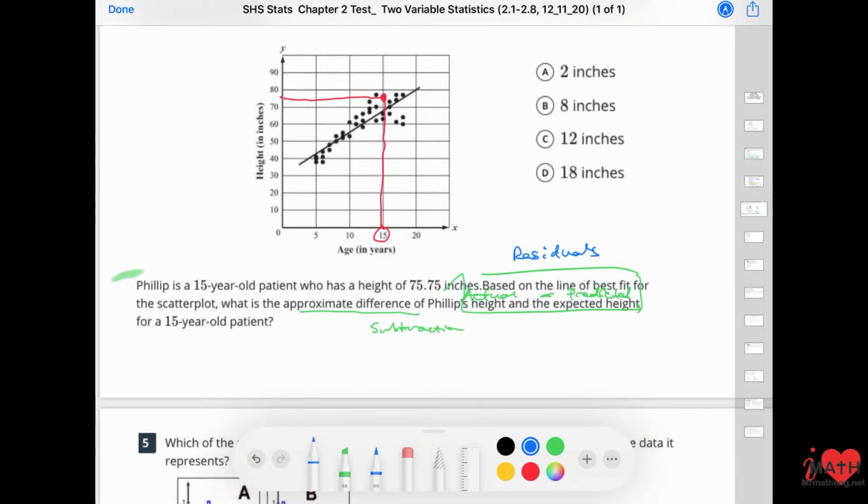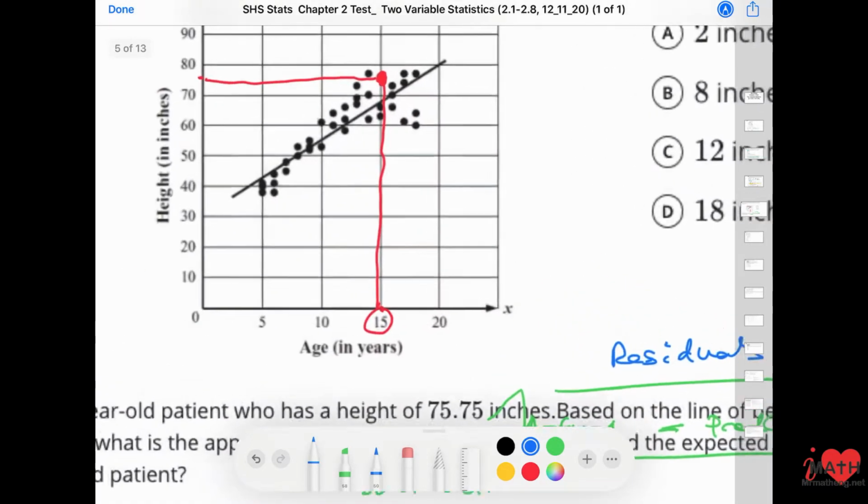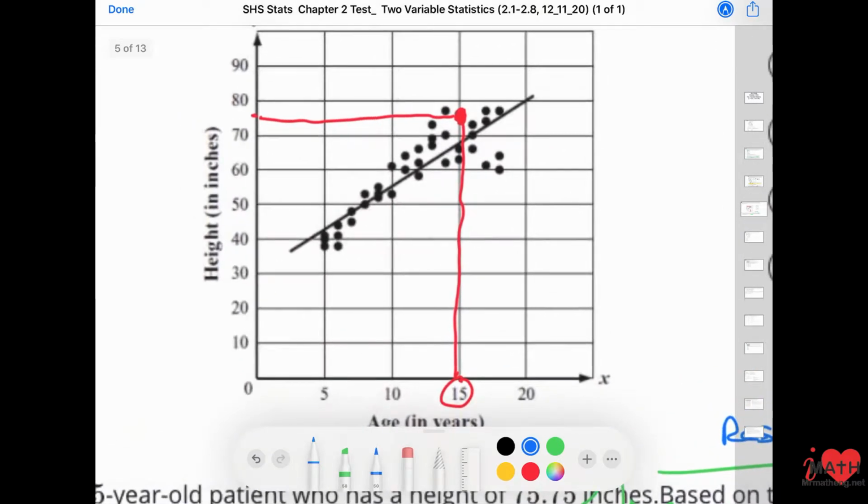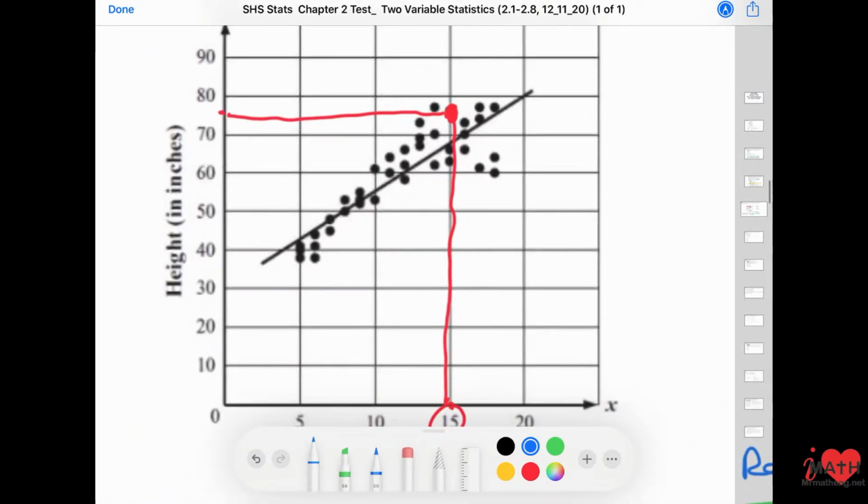So if you go up here and we zoom in, now here is 75.5, and he's actually supposed to be on the line. Let me use a different color. He's supposed to be on the line here, and let's just say that number's like 68, 67.